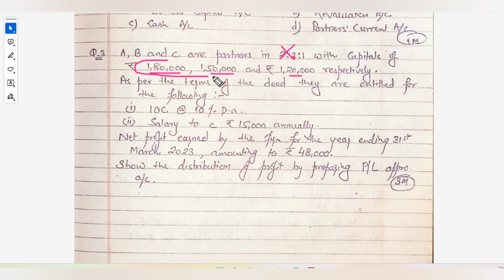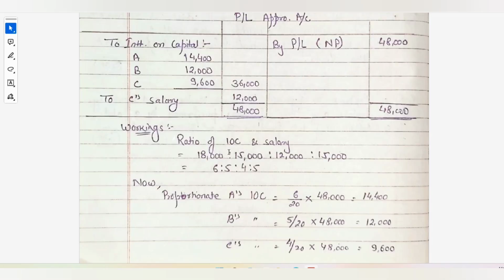Do not make any ratio from these capitals, because in some cases it may arrive at the right answer also, but this is not the case all the time. If you want to have a correct answer in each case, then you need to find out the ratio of all those appropriations, the total of which exceeds the amount of available net profit.